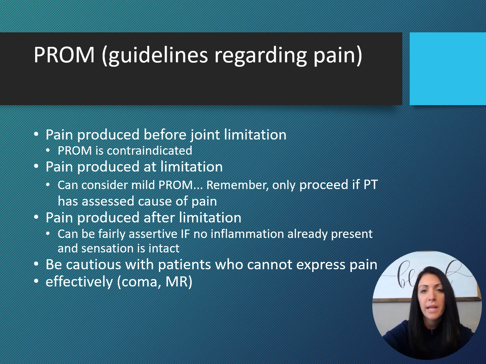It's going to make things more irritable, and you're not going to get that range of motion. Also, if pain is produced at limitation or after limitation, be cautious with patients who cannot express pain, if they're in a coma. Make sure that you take extra caution with those types of patients.